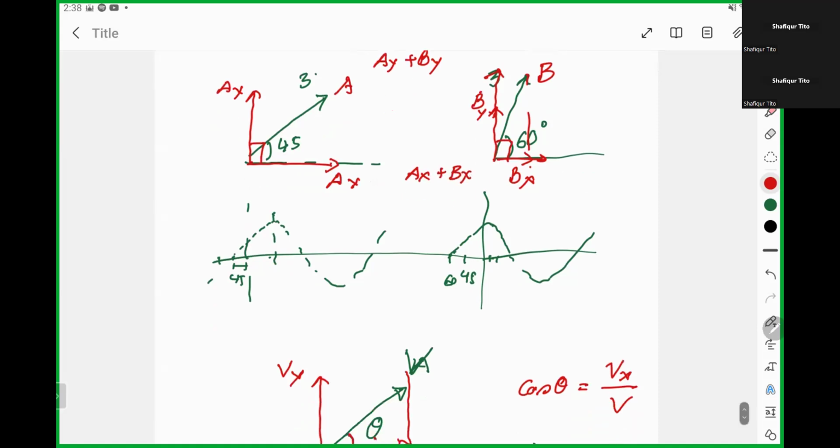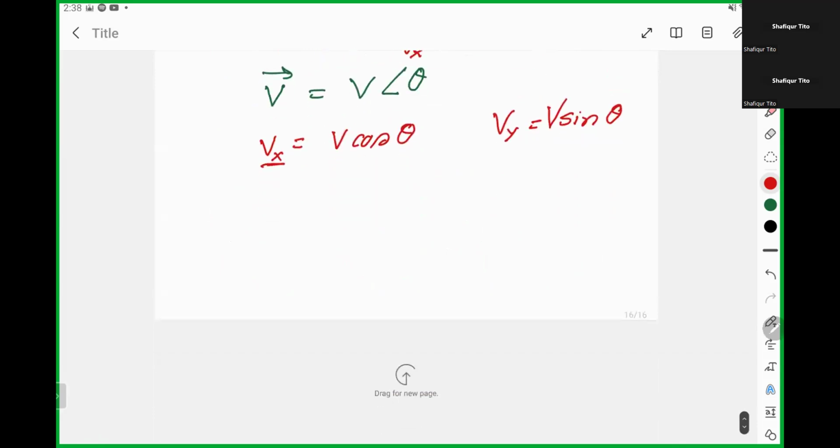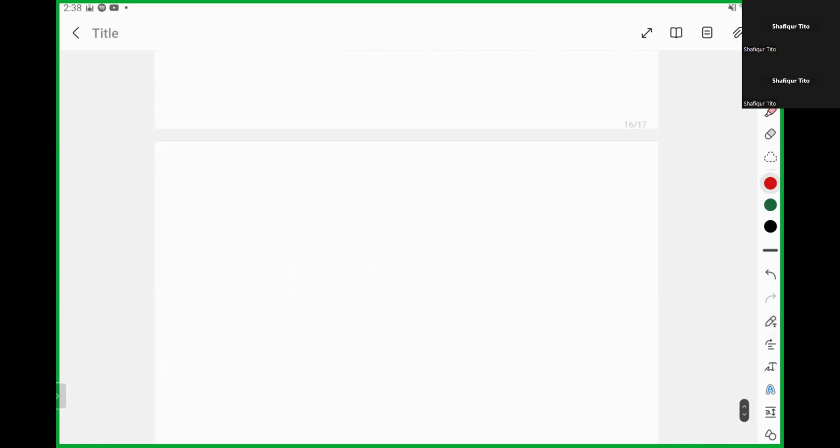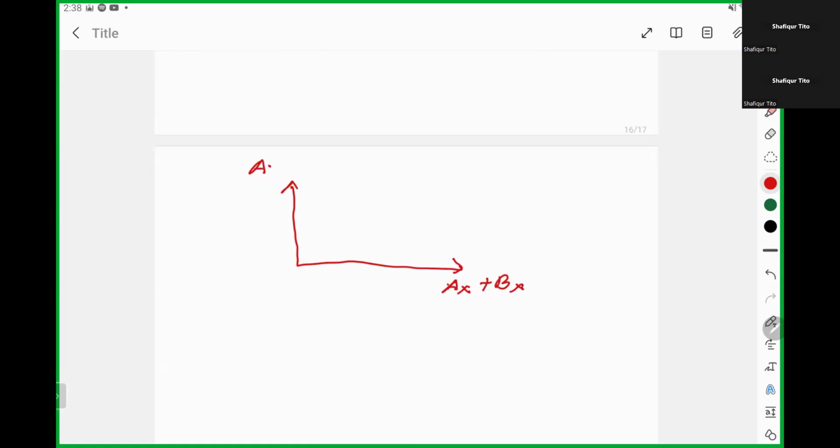If you know Ax and Bx, then you can find the resultant. How do you find the resultant? Using the Pythagoras equation, right? We have found Ax plus Bx and Ay plus By. Now, if you know this, you extend the rectangle, and this will be your resultant C.